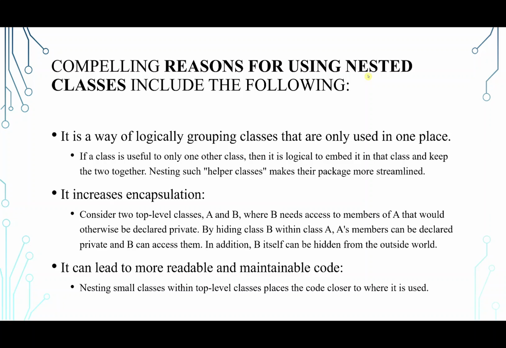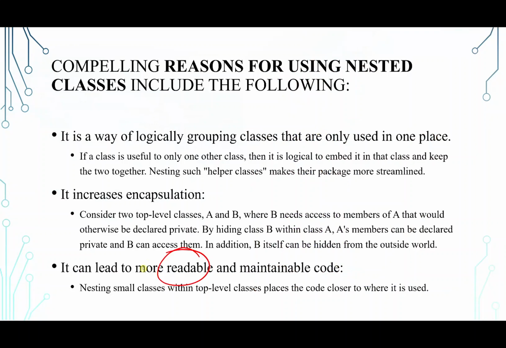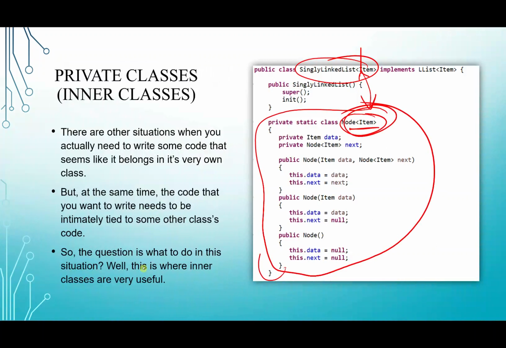Three, it can lead to more readable and maintainable code, because we can say now the linked list is basically structured or created by a lot of nodes. So the singly linked list consists of nodes. Now you can read it this way, so it's more readable and maintainable. Anything I change on the Node is going to be immediately effective, changing that for every node in that singly linked list.